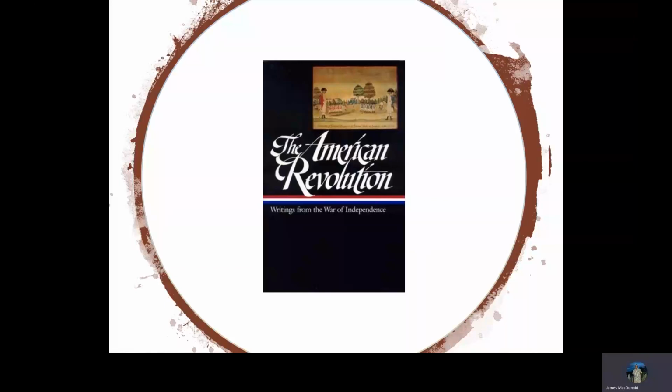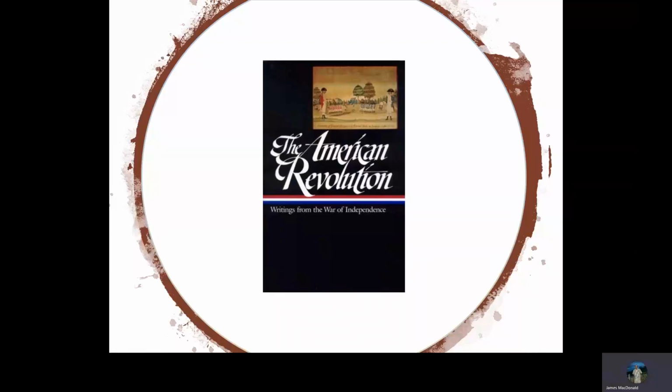Here is a theme of primary sources. The American Revolution, Writings from the War of Independence. Now, this book will have an editor, but the editor isn't necessarily the author. The editor is the scholar who's decided to pick and choose which primary sources end up in this book. Whether it be Eliza Pinckney from South Carolina, writing about the years before the American Revolution.